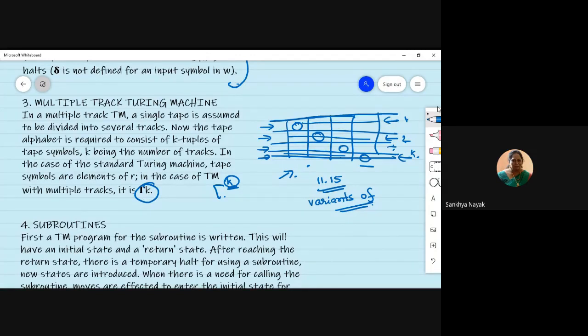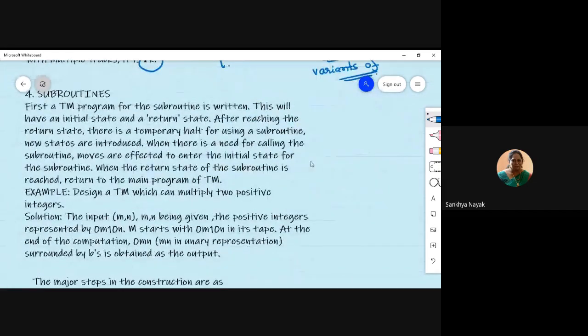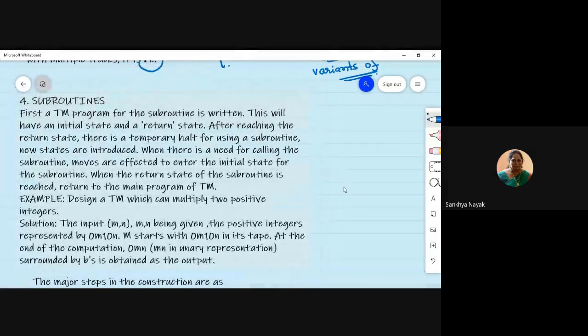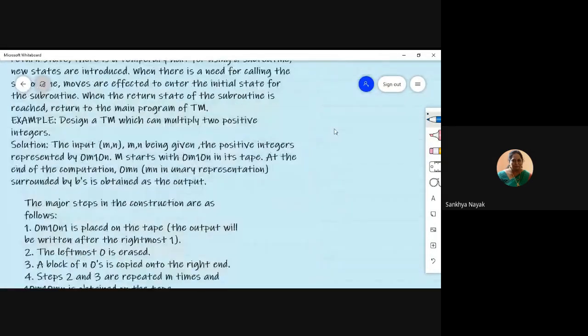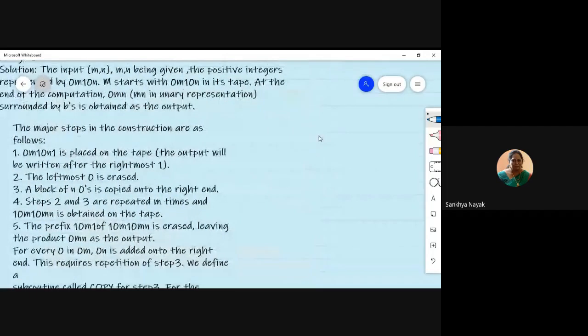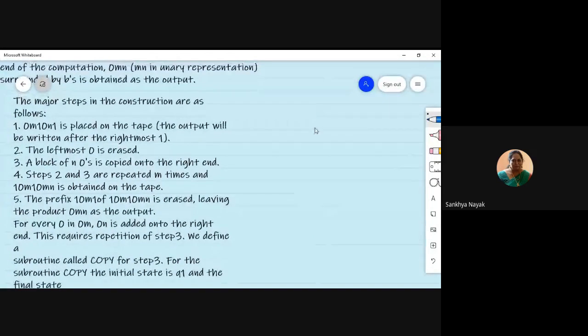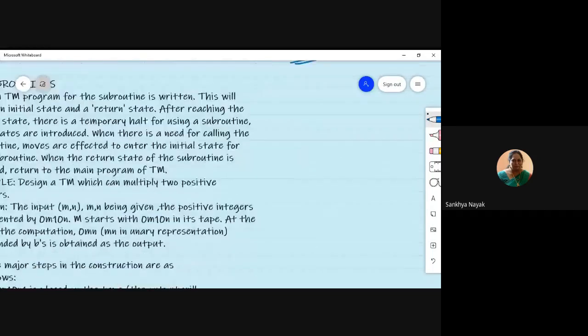Okay. Now the last technique for construction is using subroutines. All right, using subroutines. Subroutines are similar to the functions that you use in C. When do we use subroutines basically?